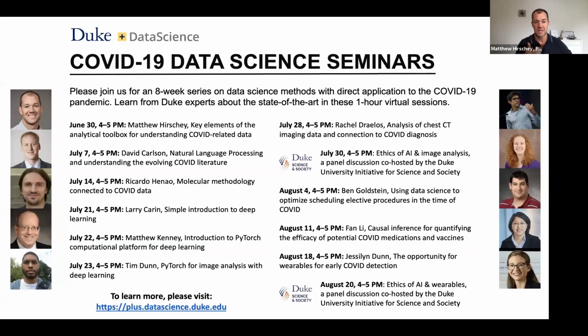You can see today is June 30th, but then we have this amazing program that has been put together by this collaboration between Duke Science and Society, between Larry Caron's PlusDS group, between several different people who have come together to try to answer a very simple question, which is how do we make sense of this abundance of data that is essentially fire hosing us from COVID-19 and the virus. And so we have lectures coming up on using natural language processing to mine literature.